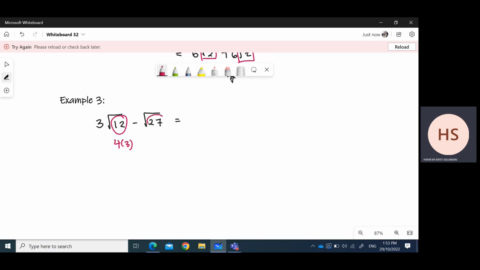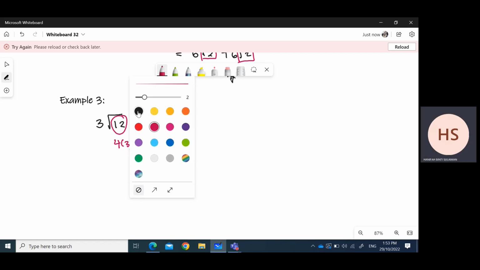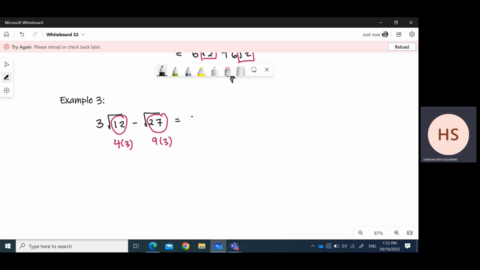And 27 we also can factorize, then here we have 9 times 3. Okay, so based on this, we can write it as 3 times square root of 4 times 3 minus square root of 9 times 3.